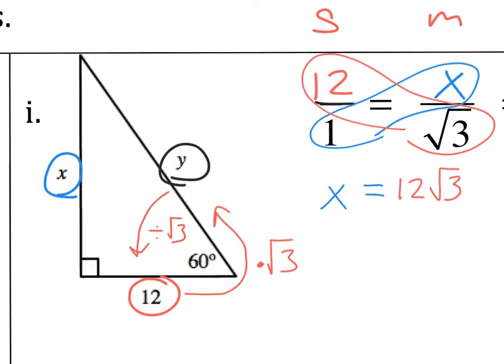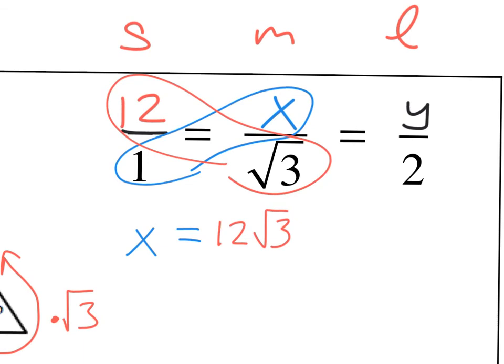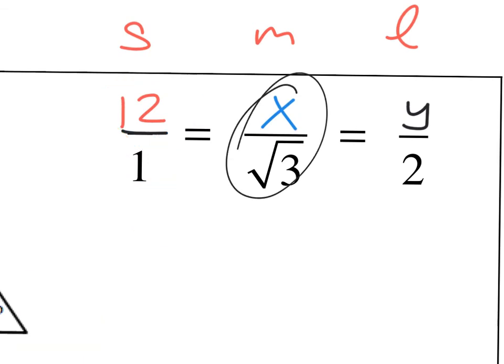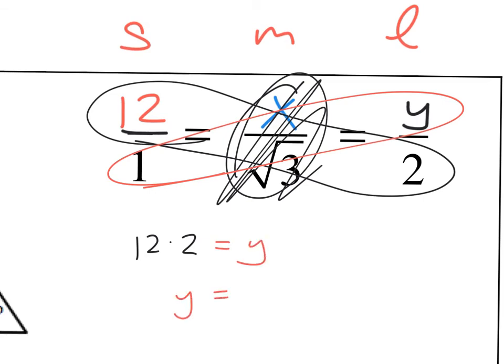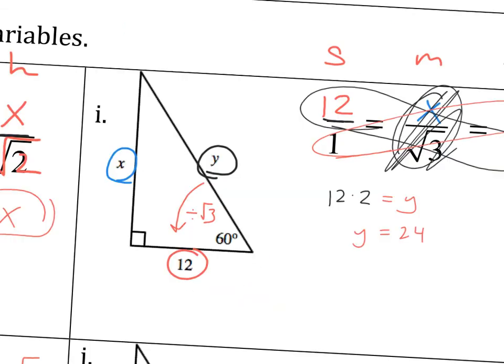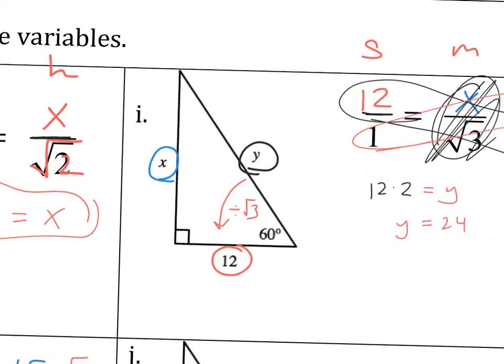All right, now the other proportion that I can use is just to delete this entirely, since we already have it, and do the 12 times 2 equals y times 1. So y is 24. Oh, and what was my mistake over here?